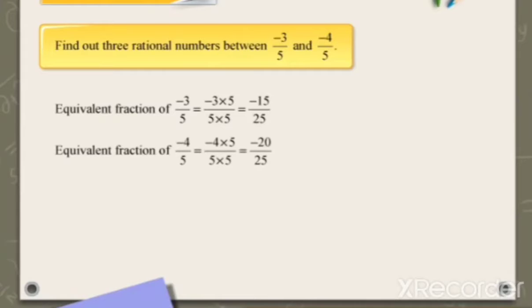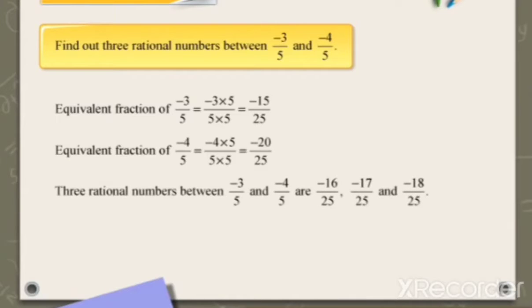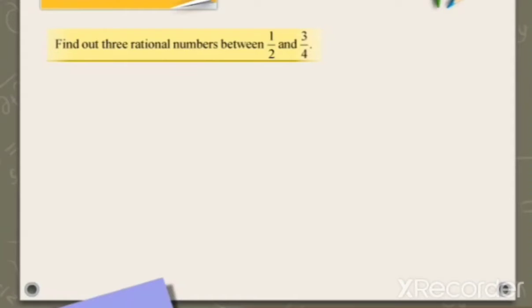Also, the equivalent fraction of -4 upon 5 is -20 upon 25. So, three rational numbers between -3 upon 5 and -4 upon 5 are -16 upon 25, -17 upon 25, and -18 upon 25.